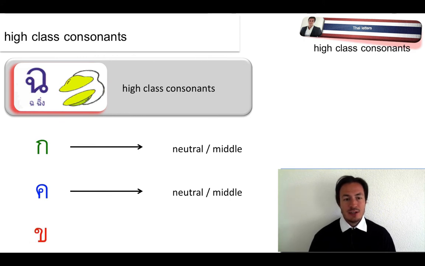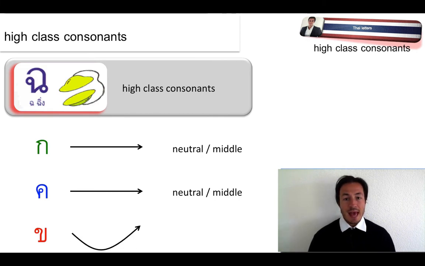So here we have a high class consonant in red which is pronounced very similar to the low class consonant right above it. So it's a kho kai, a consonant which you will be introduced to at the very first lesson of the high class consonant group, and its natural tone in a living syllable is not neutral or middle, but it's a rising tone.